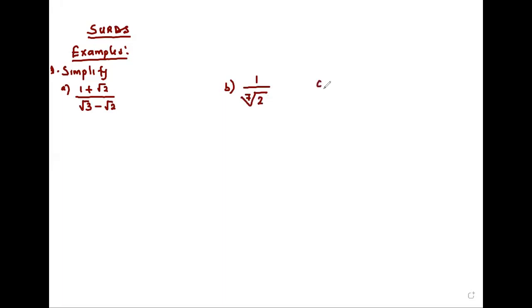And C: x minus 1 over y over 3x plus 2y.